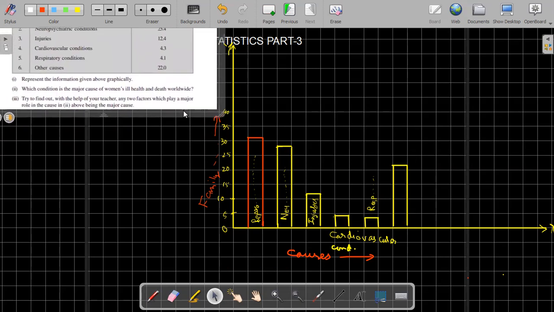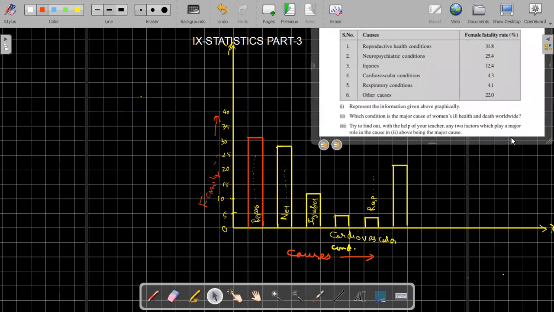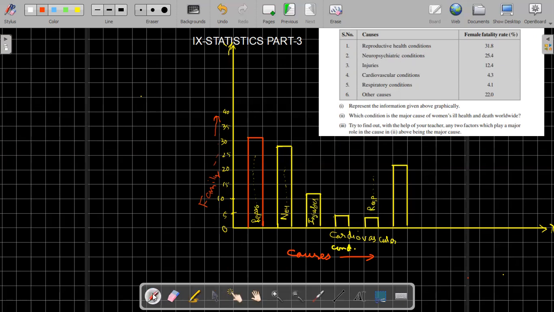Now they are asking more questions. Which condition is the major cause of women's ill health and death worldwide? Which condition? So this first part we have done. Second part is the major cause is the reproductive health conditions.